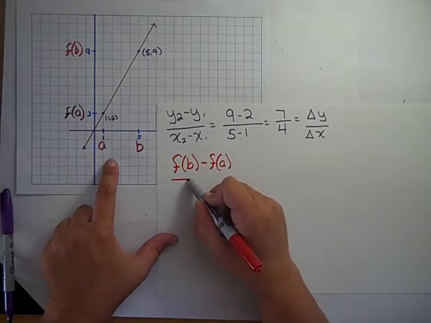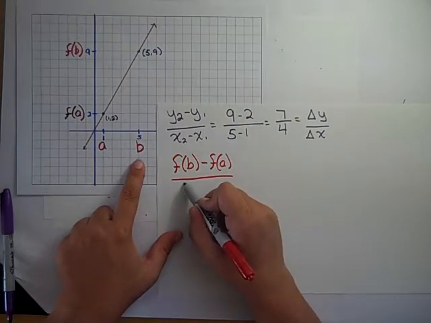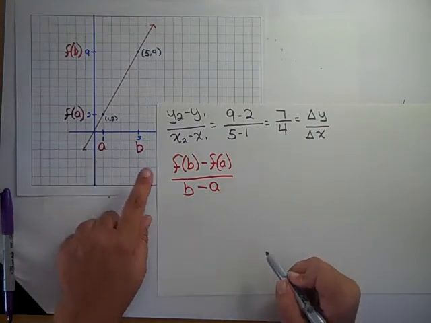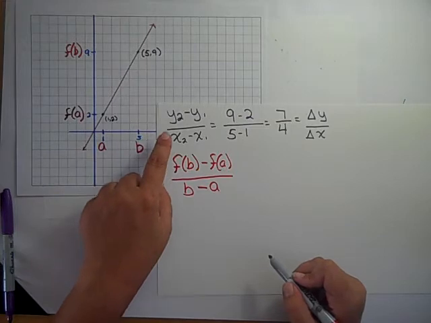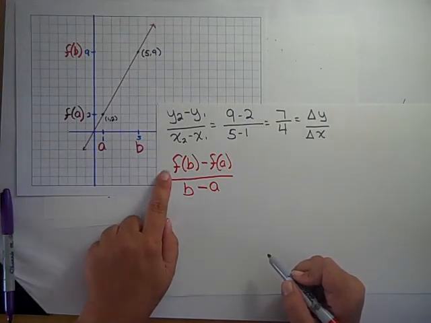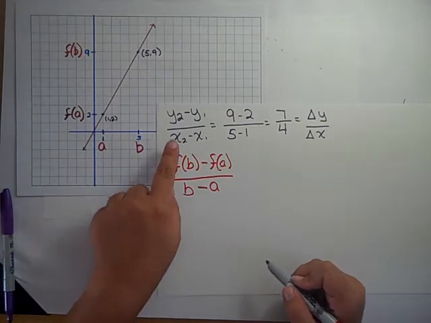And then x2 would be b. x1 would be a. So this formula is another formula for slope. It's actually exactly the same. We just wrote it more in a calculus style instead of in an algebra style.